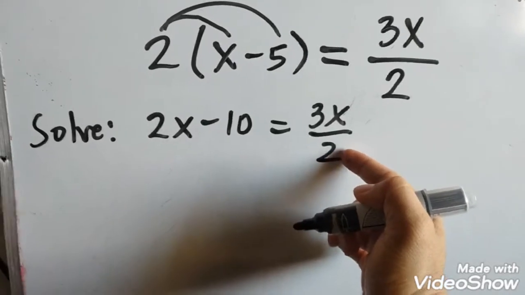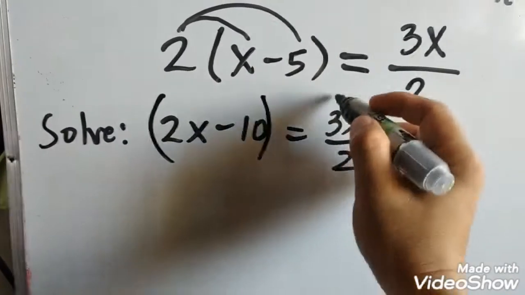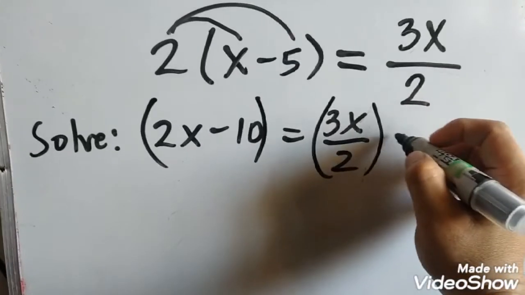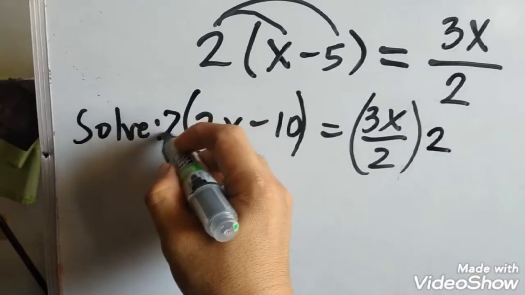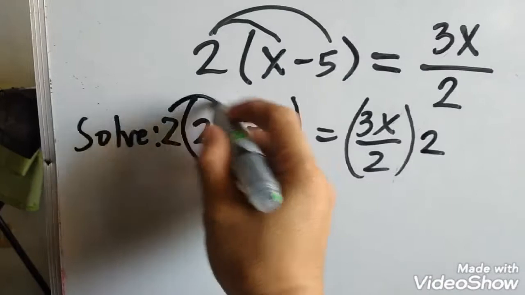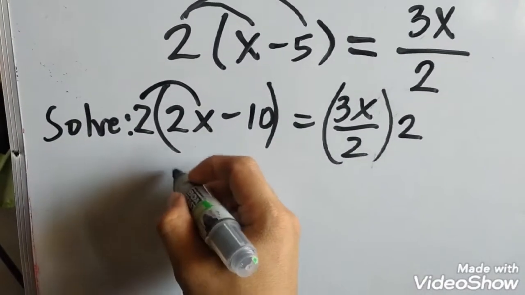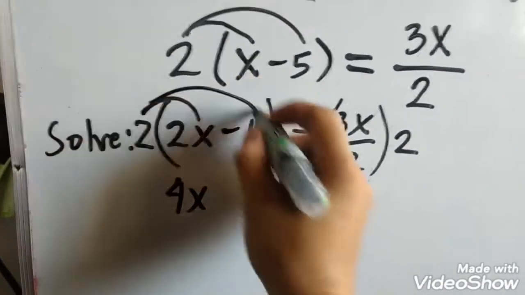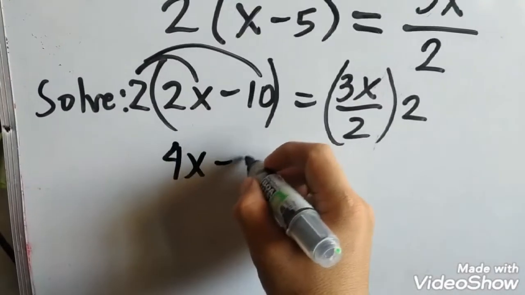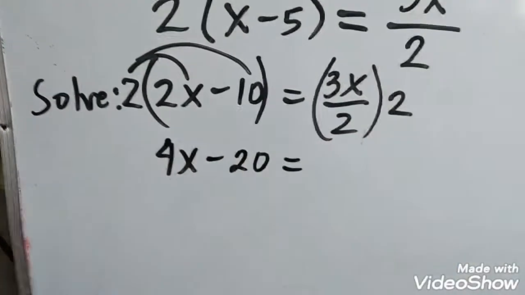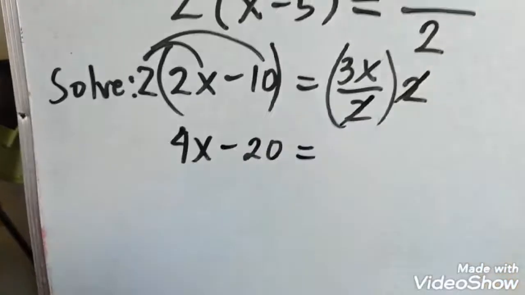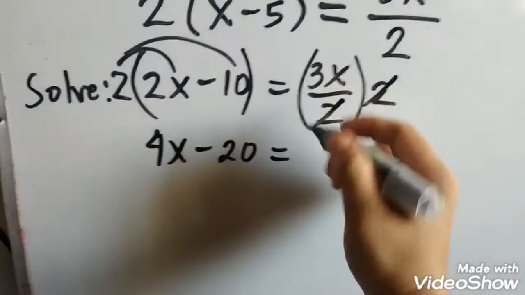To cancel this out, we apply the multiplication property and multiply both sides of the equation by 2. So 2 times 2x is 4x, and 2 times negative 10 is negative 20, equal to 3x.